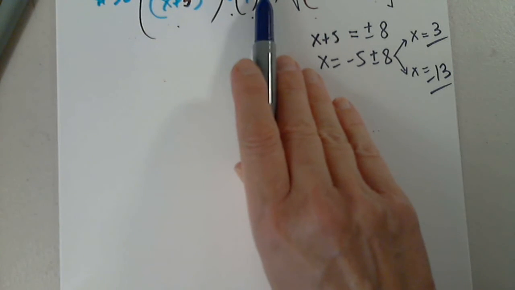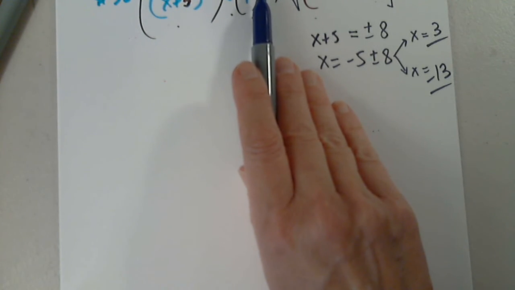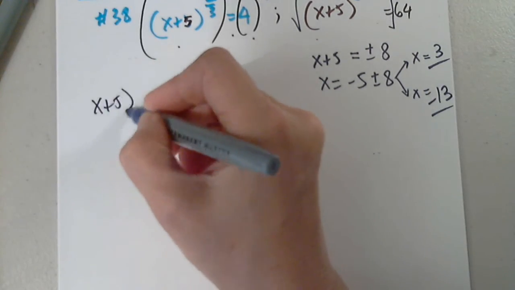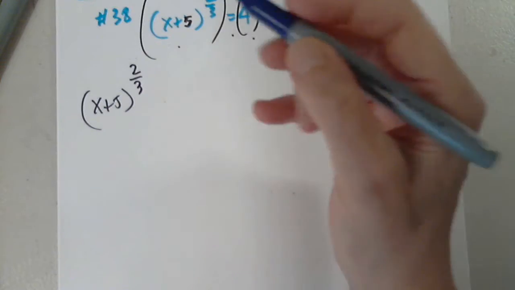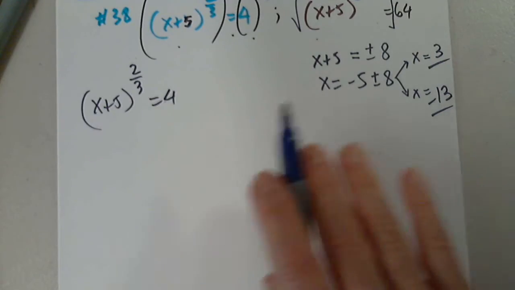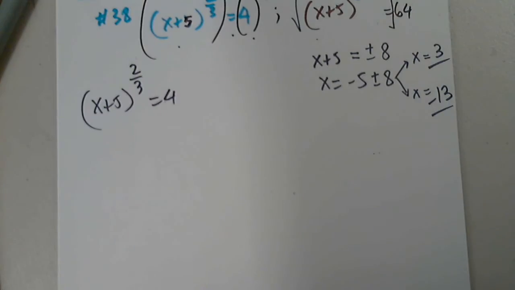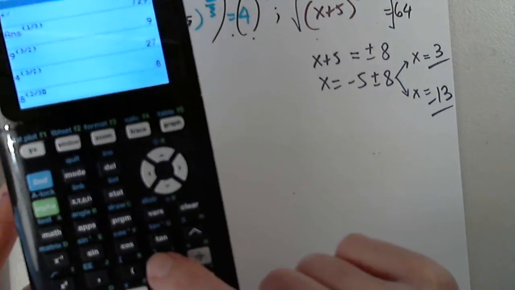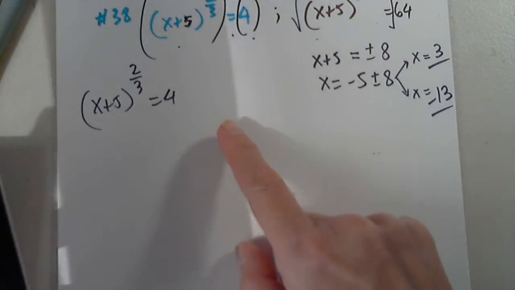I raised to the third power. Normally it should work, but I still have to go back and check. So (x plus 5) to 2/3, does that equal 4 with 3? So 8 to 2/3. 8, caret, parentheses, 2 divided by 3, close the parenthesis. 4, correct.